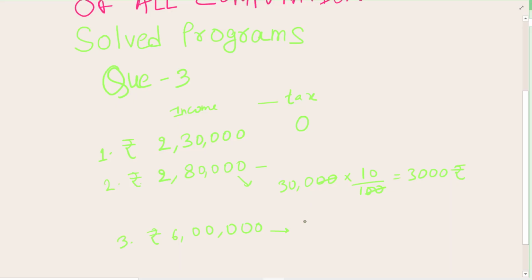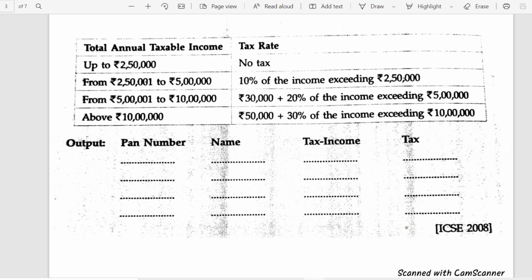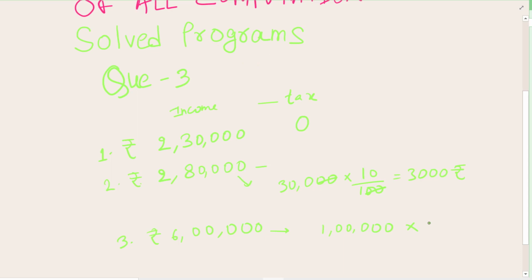So you have to subtract 5 lakh from this 6 lakh, which will amount to 1 lakh. And in this 1 lakh you have to give 20% of that 1 lakh. So we'll calculate 20 by 100.